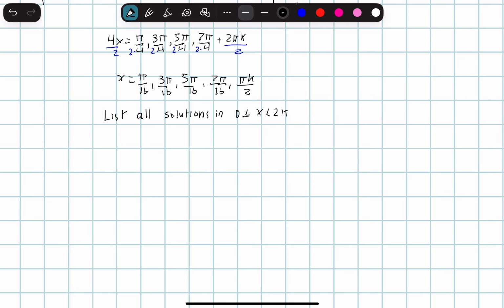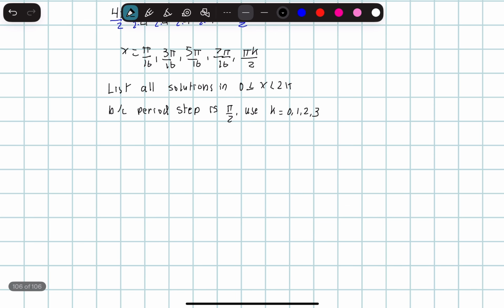Because the period step is pi over 2, we use k equal to 0, 1, 2, 3. Therefore we get 4 blocks of 4 base solutions.